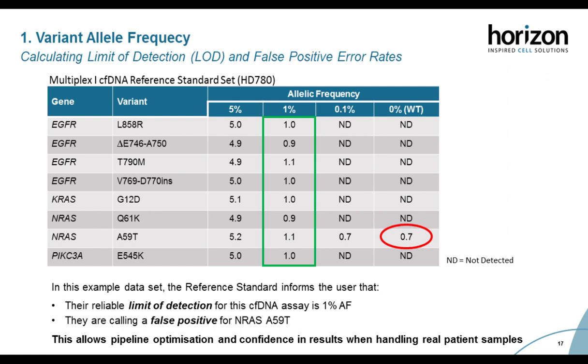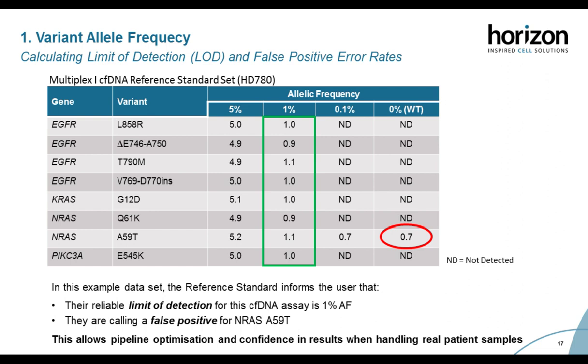This slide shows an example dataset of how our multiplex 1 cell-free DNA reference standard set may be used to help calculate the limit of detection and false positive error rates of an assay. You can see here that the reference standard contains 8 different variants, and the product is available in 4 different tubes, with all the variants being present at 5%, 1%, 0.1%, and wild type.